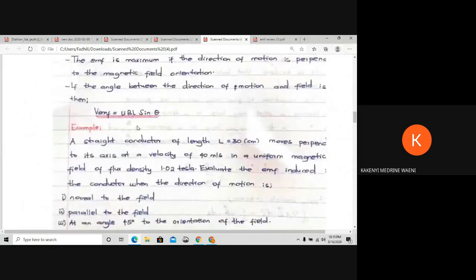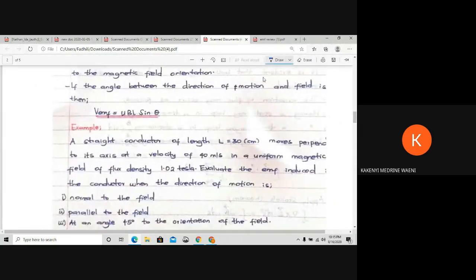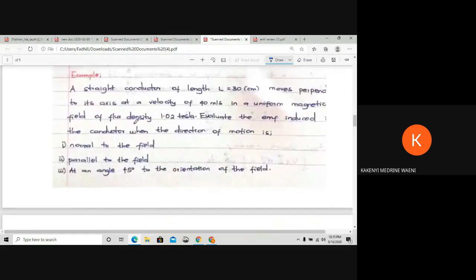So this is our L. This is our U. Then this is our B. So normal to the field.